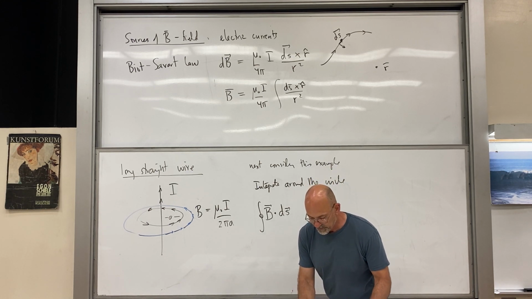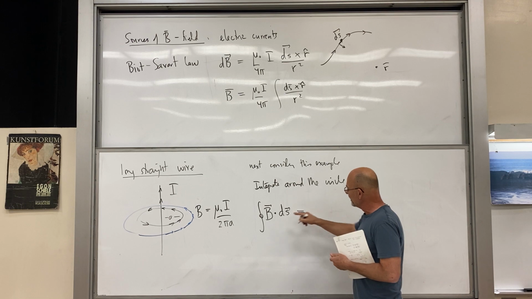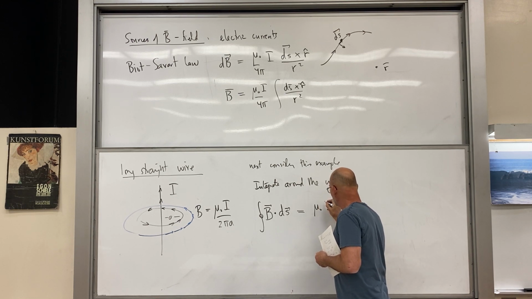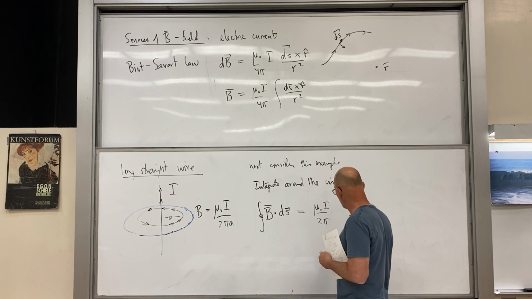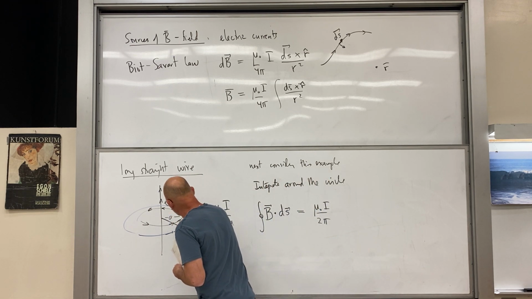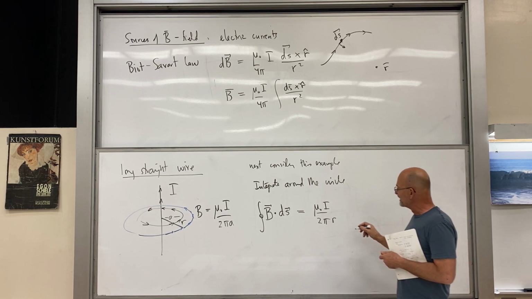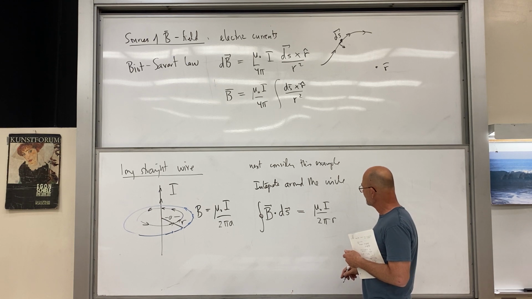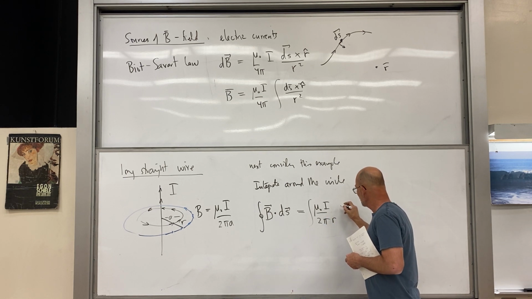But before we get there, we know that for this example, the B field is mu naught I over 2 pi R. We're doing the outside one here, it's R. So mu naught I over 2 pi R, and the integral, dotted into that ds, which is parallel, so we have R d theta.